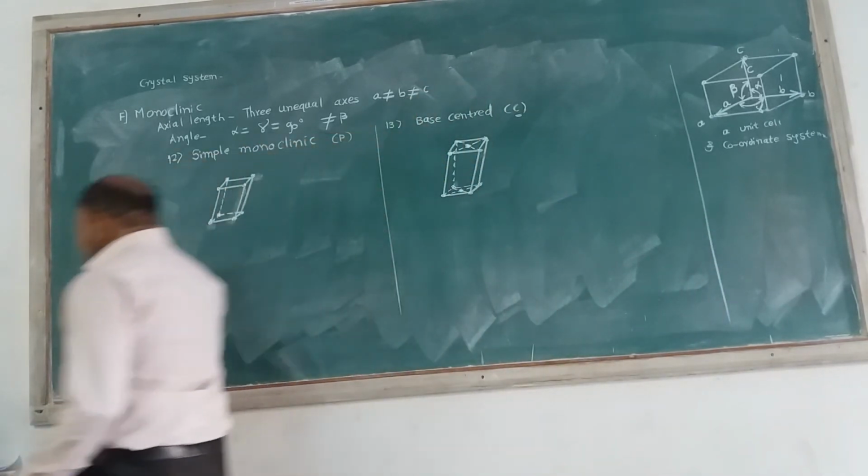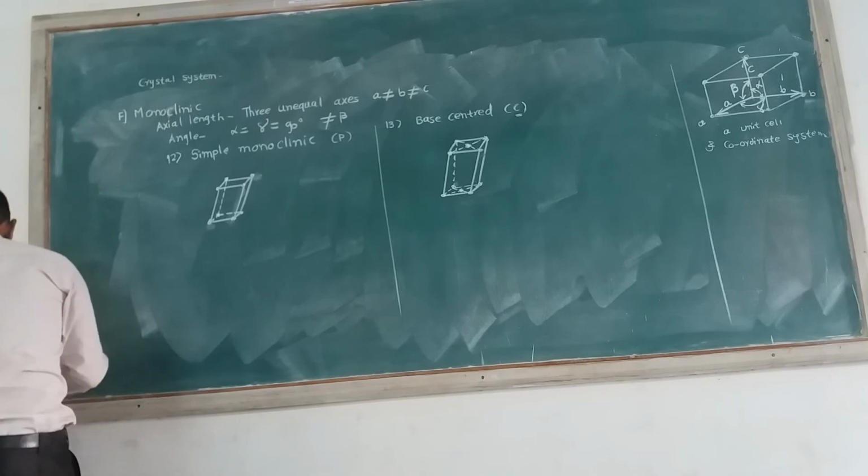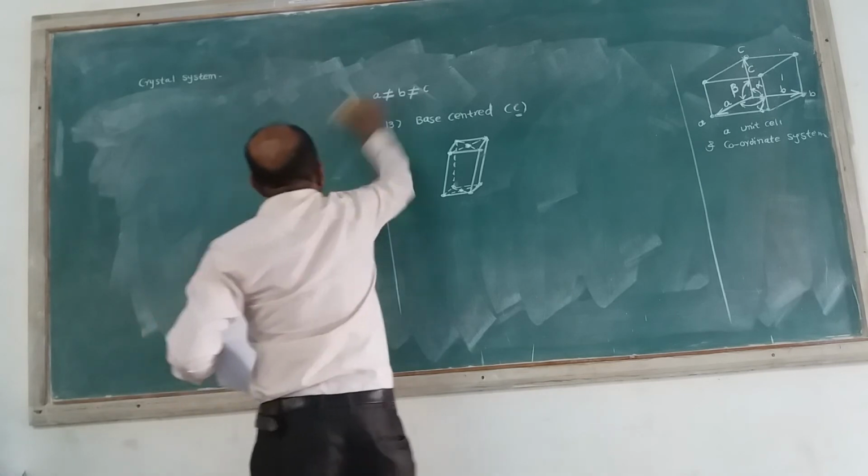And the last type of crystal system is triclinic.